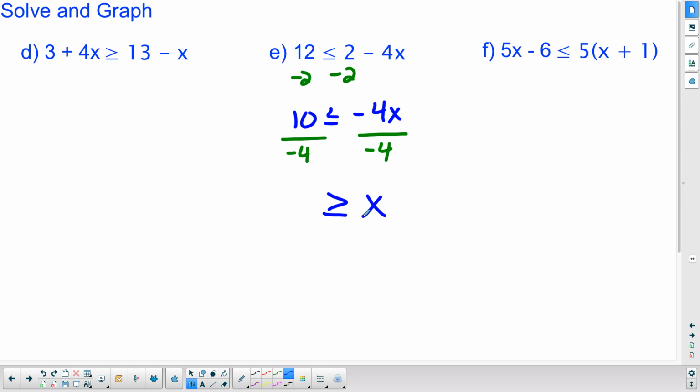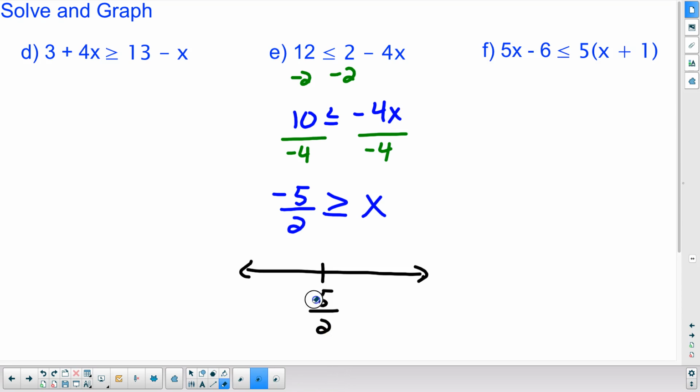And 2 goes into 5. So this would be -5 halves. On a number line, I can put down negative 5 halves. Just like that. I don't have to convert it into a decimal. We're a fraction class. We can leave stuff in fraction form.